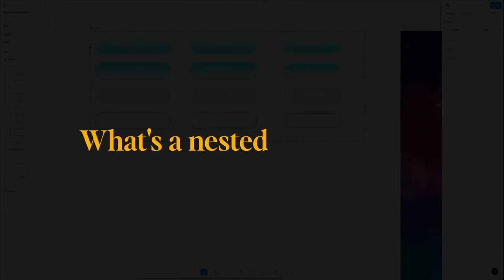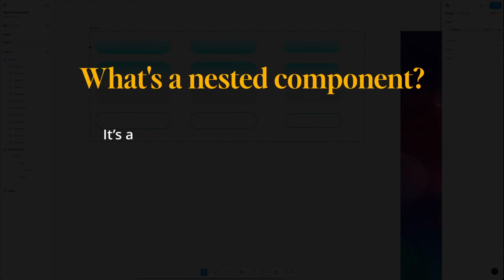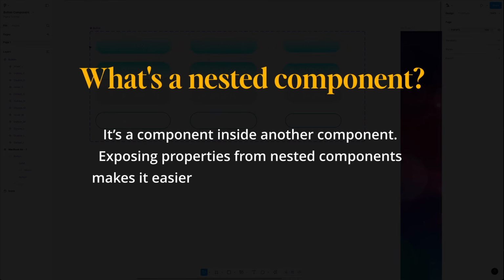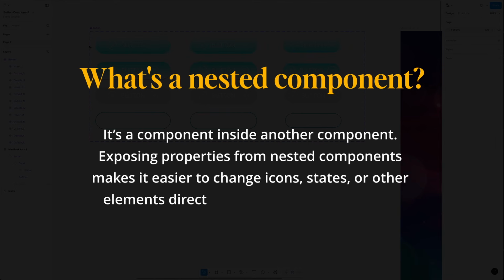But what's a nested component? It's a component inside another component. Exposing properties from nested components makes it easier to change icons, states, or other elements directly from the main component.